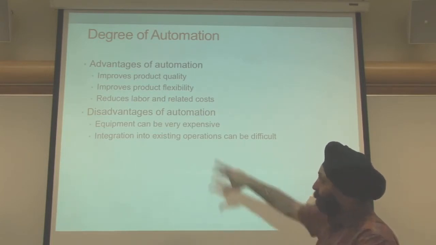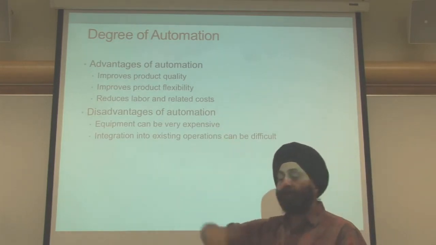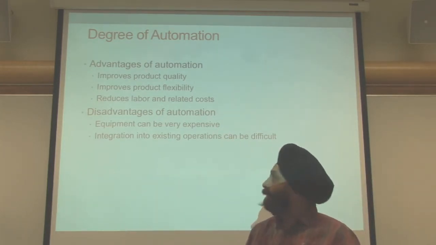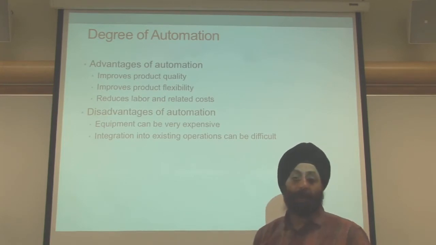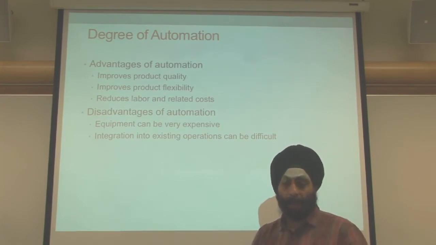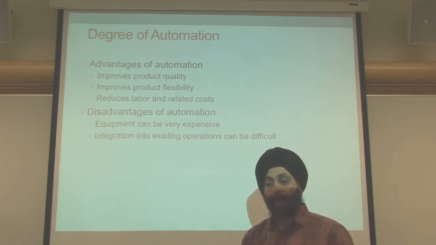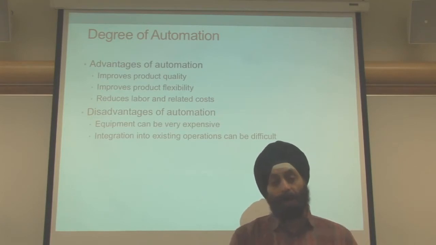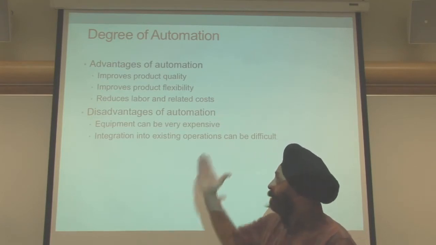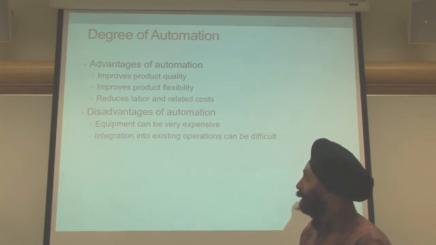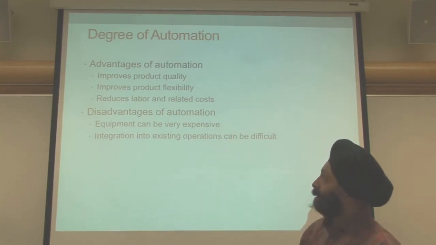That's where switching from one product to another is easier in this case, because all you have to do is change the tool on the machine or the die, whereas unless the worker has been trained to create a new type of product, they may not have that flexibility.